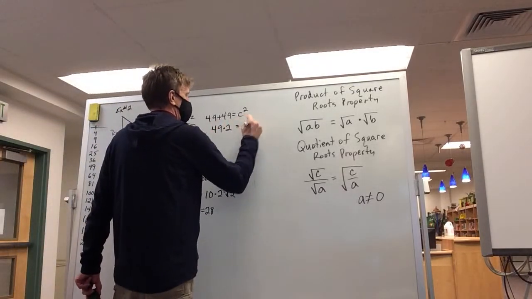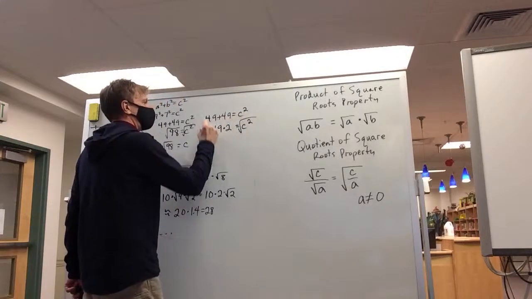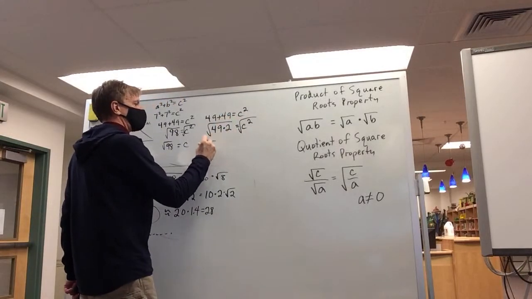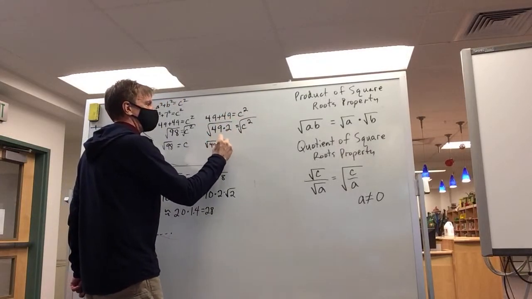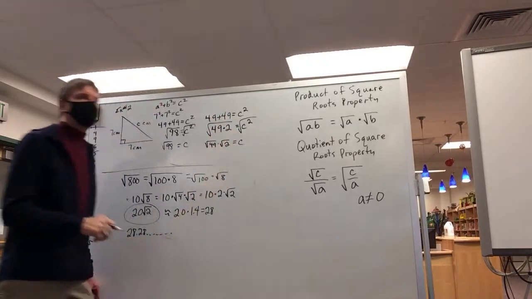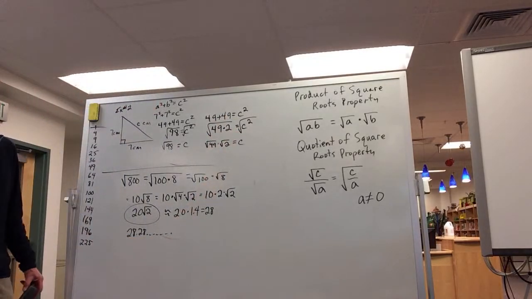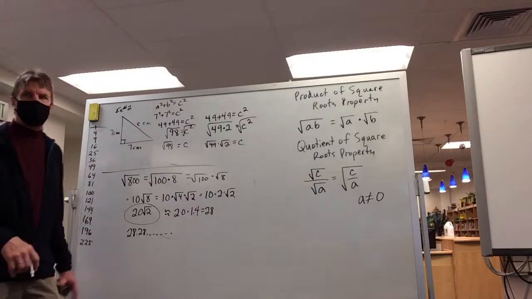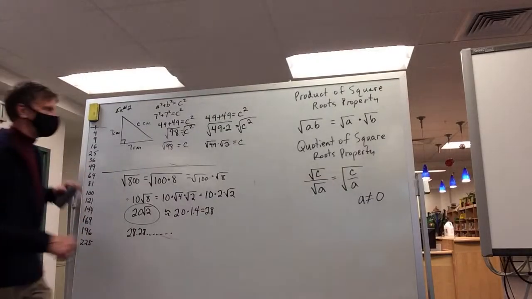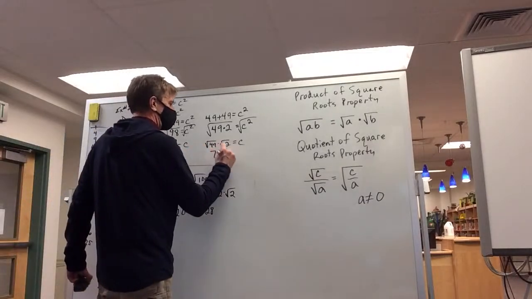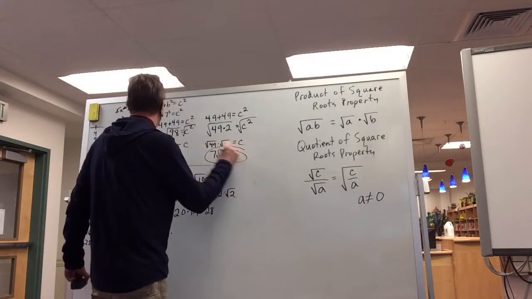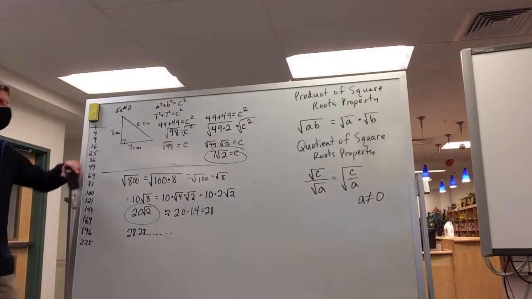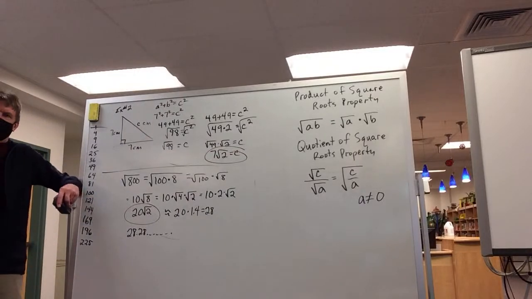And then, when we take the square root, it's the square root of 49 times the square root of 2, which is equal to c. And what is the square root of 49? Seven. So 7 root 2 is how long that is. That's the exact length.